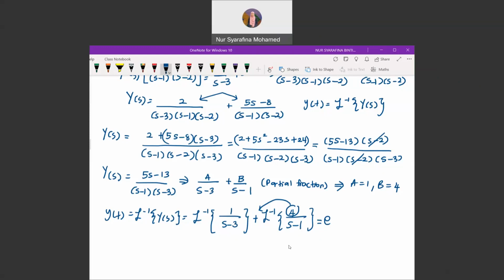So we have the solution e to the power 3t, plus 4e to the power t. This is how you obtain y(t).